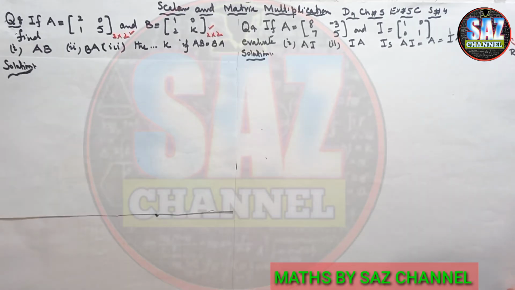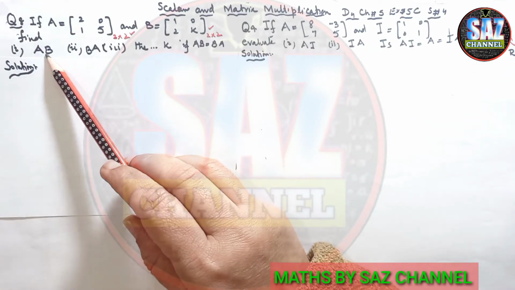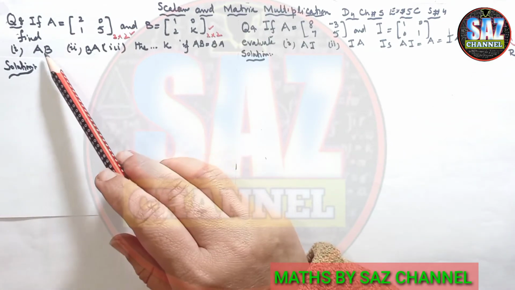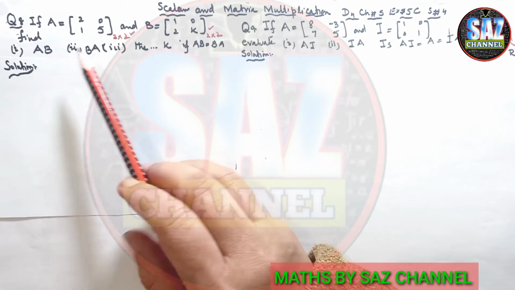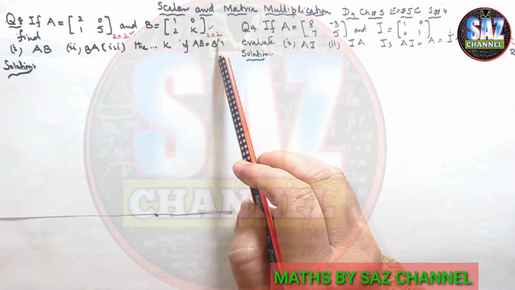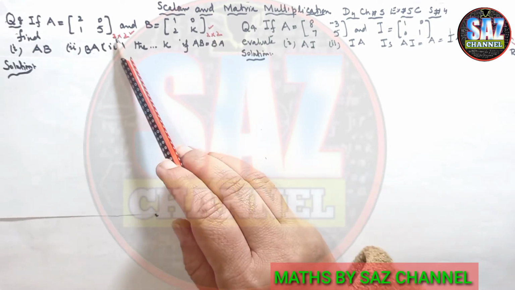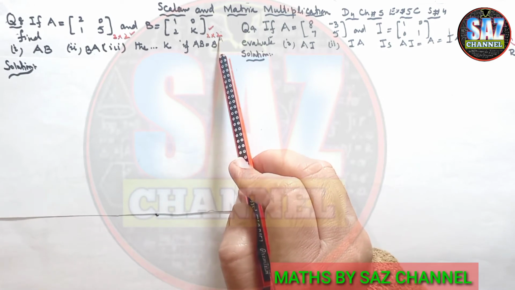Okay, let's move to the solution of the question. First of all, as the question requires the matrix multiplications AB and BA, recall the rule of matrix multiplication: for matrix multiplication, the number of columns of the first must be equal to the number of rows of the second.